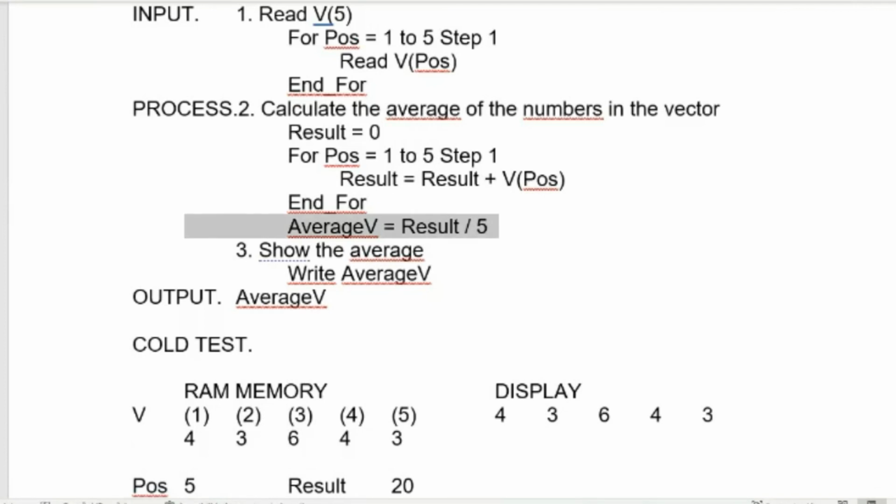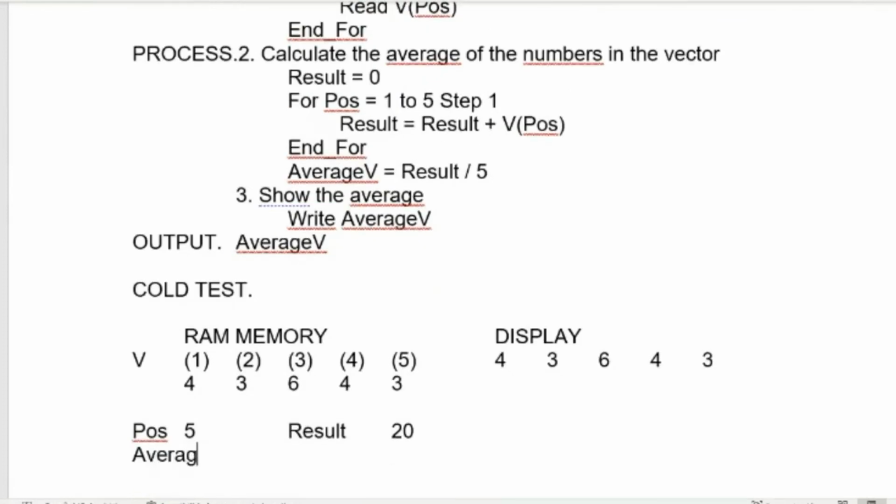Now let's see average. Average is another variable. So we need another variable, average B, like average of the vector, is equal to result. Result is 20 divided into 5. The result is 4. Result of this division.